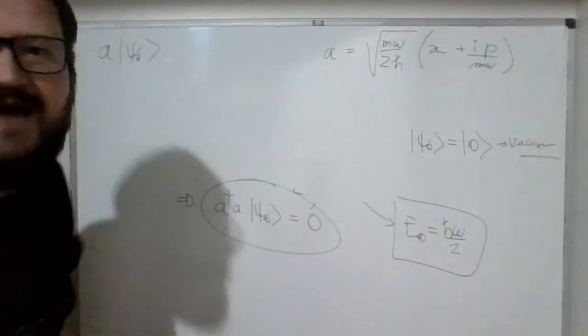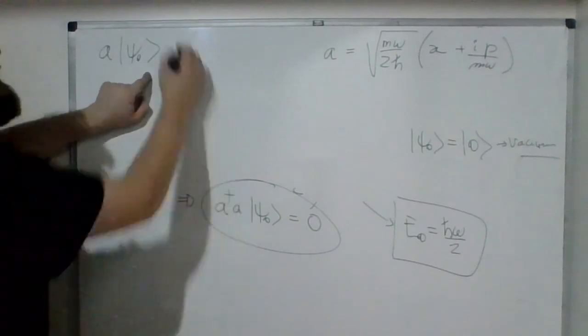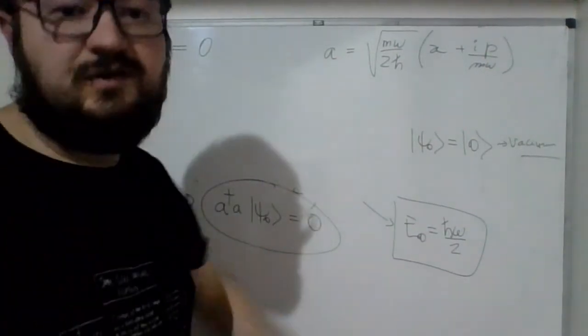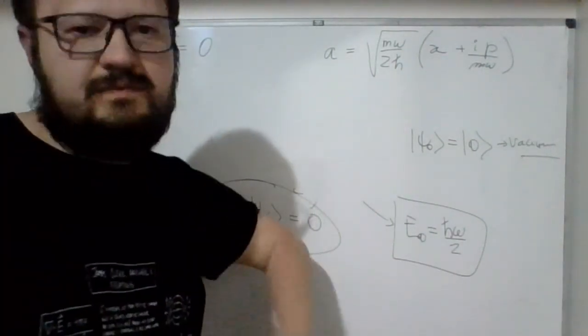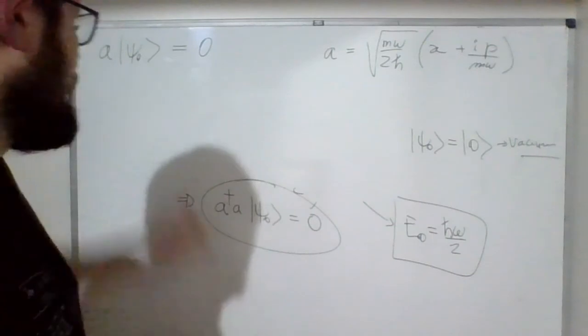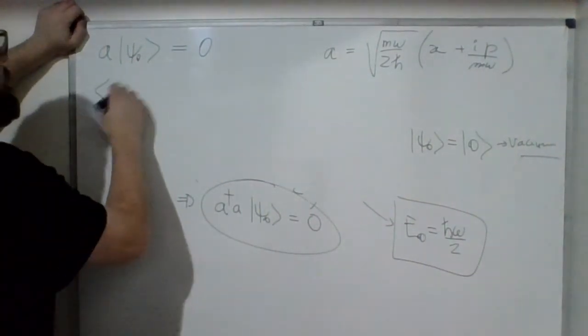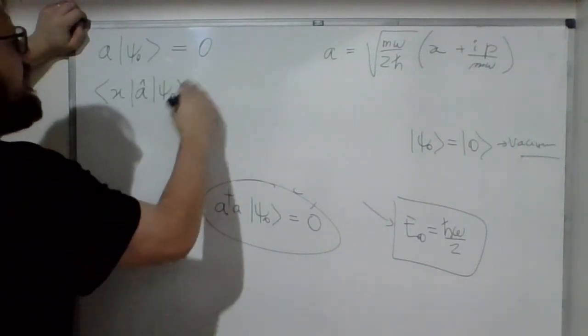All right, this is the vacuum of the problem. When this operates on the vacuum, it just destroys the vacuum. That's why it's called an annihilation operator. It annihilates things.